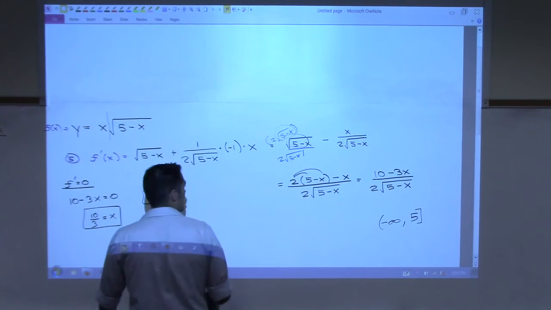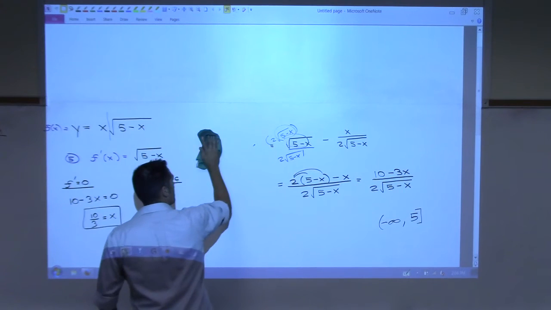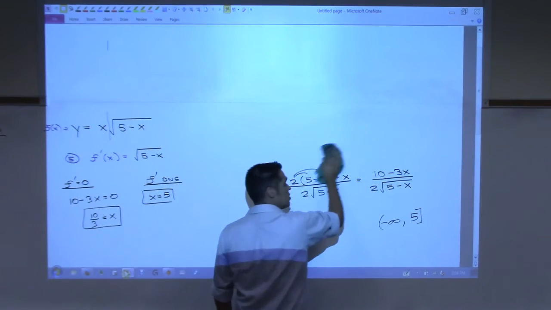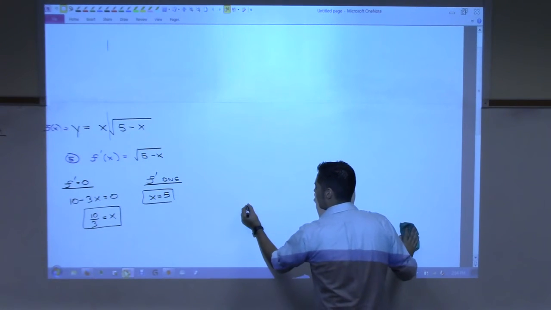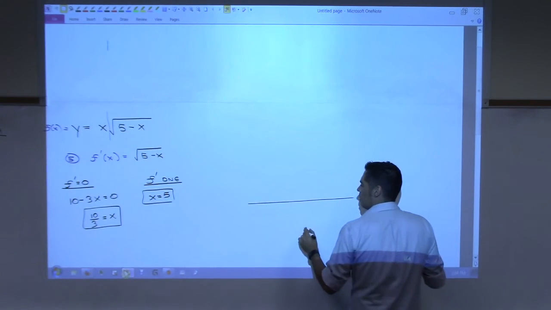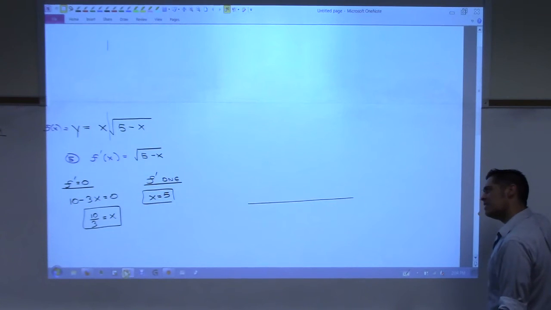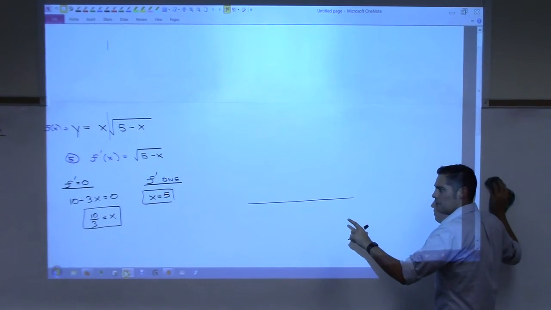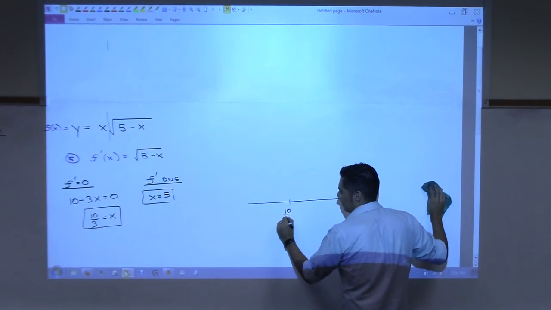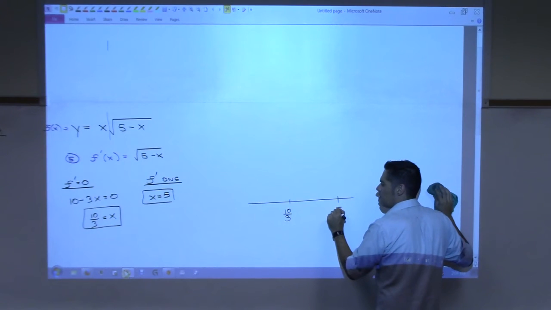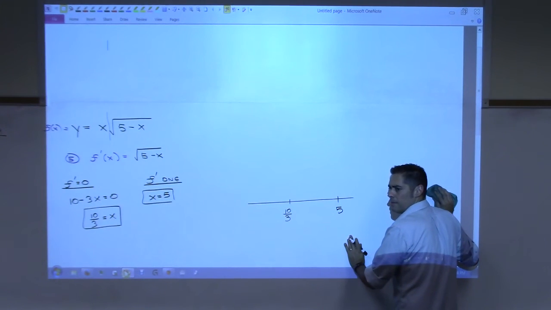All right, now a number line, right? No questions? What goes on this? I've got 10/3, which is 3.3 forever, and 5 is to the right of it, right?